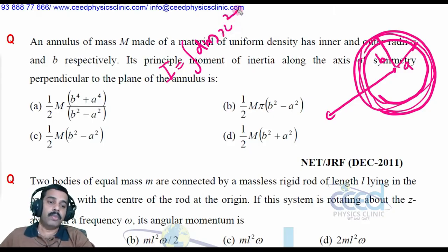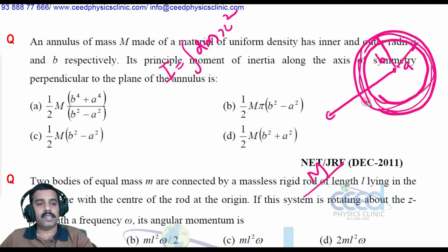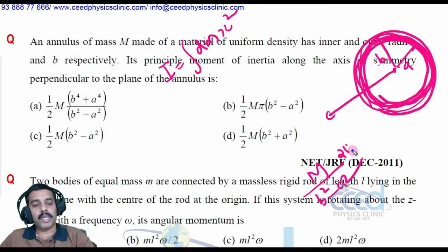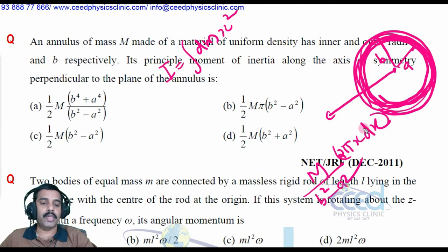Now what is this mass? dm is equal to, if I consider a small elemental strip in this, mass per area is m by b square minus a square, and its area is 2 pi x dx.